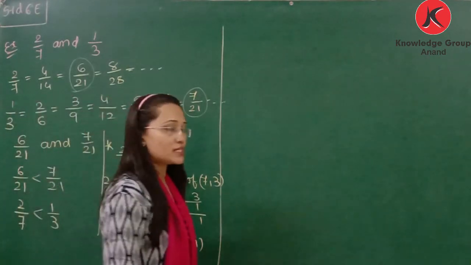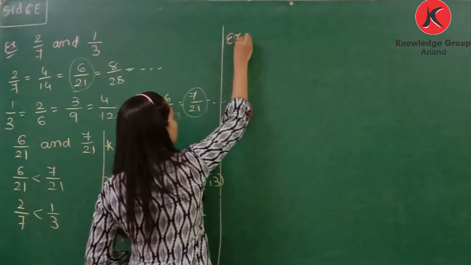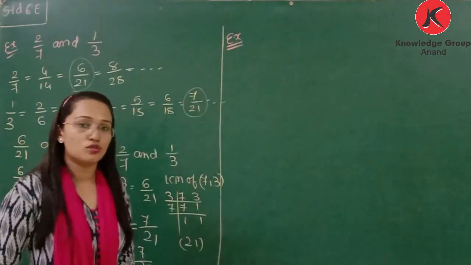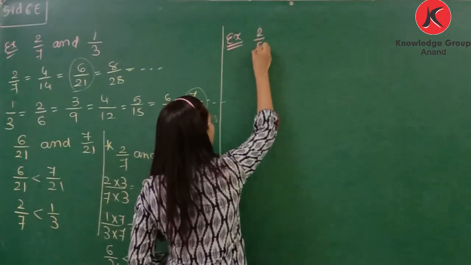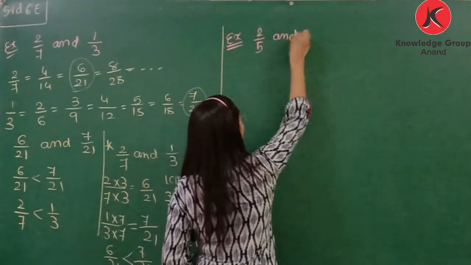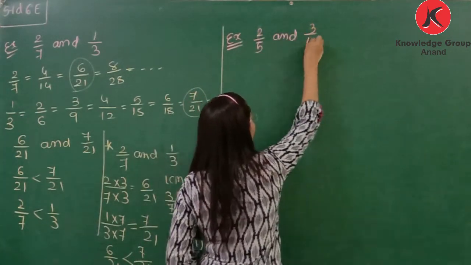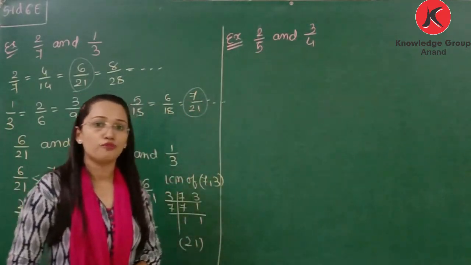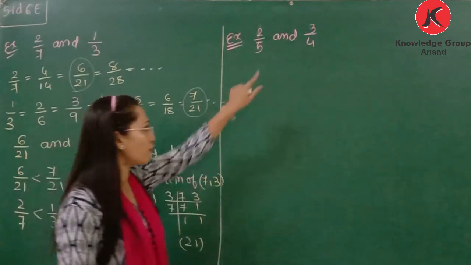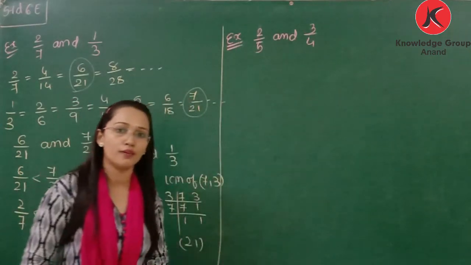Let's take one more example. 2 by 5 and 3 by 4. Now we need to compare these unlike fractions. So for that, what we need to do here is find the LCM of 5 and 4.